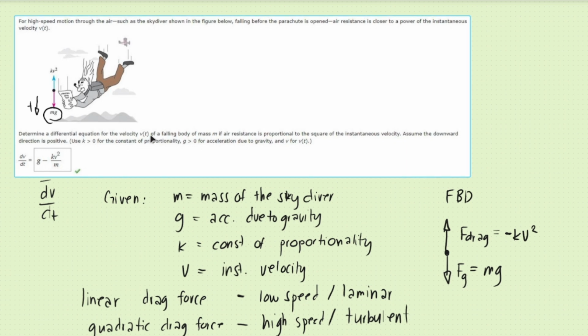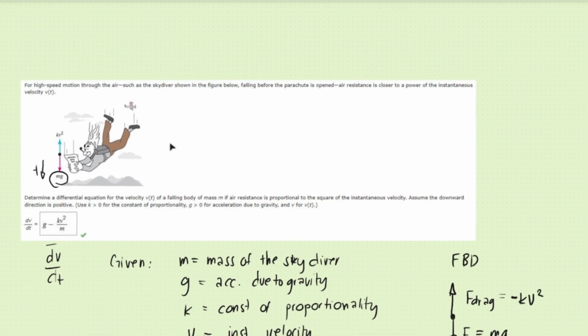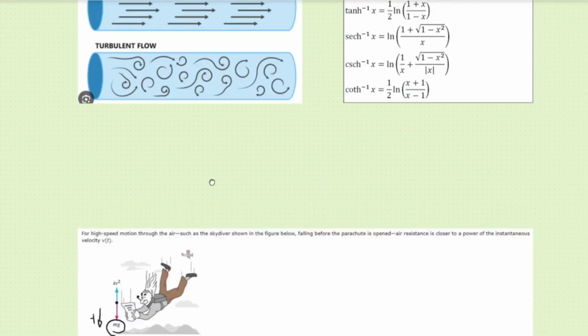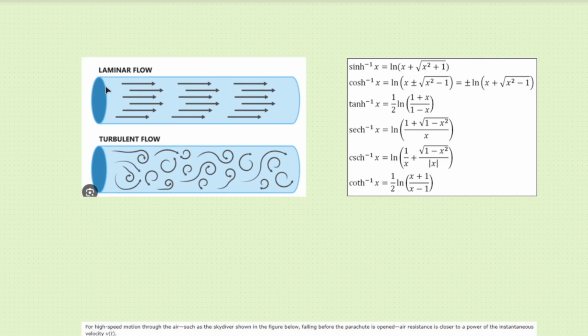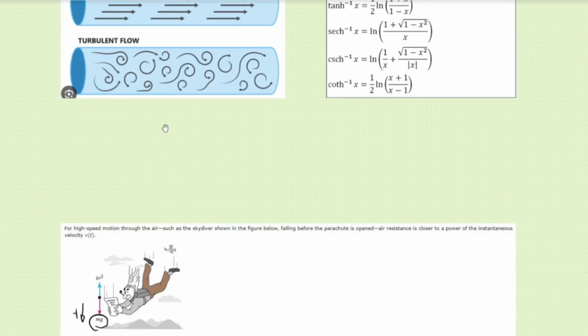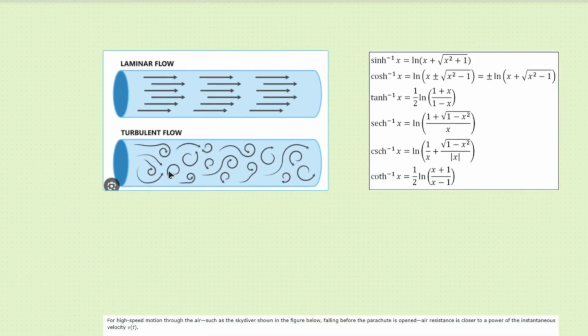I'm going to show you a picture of laminar flow and turbulent flow. This is a laminar flow. It's smooth, in order, and just goes in parallel. But in turbulent flow, this is how the air moves. The airflow is so chaotic.